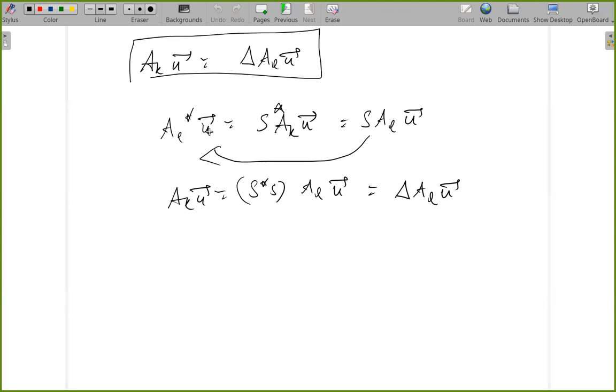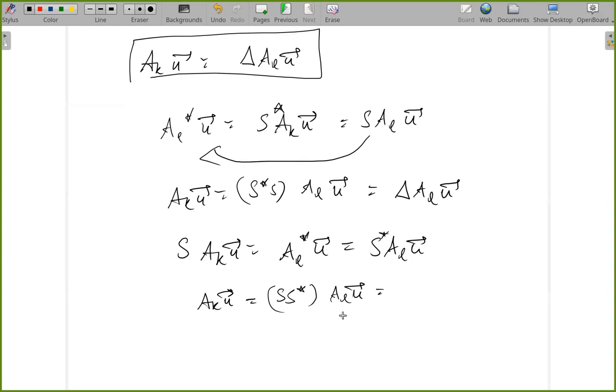So here you have AL star U. You want it to be equal to S AK U. So S AK U, let's say, AL star U is equal to S AL U. Then if I multiply S, I get something like AK U, using S squared equals identity. So if I had an S star here, then I would get S S star AL U, right? But delta was S star S, right? So I get a delta inverse instead. But that is not what I was looking for.